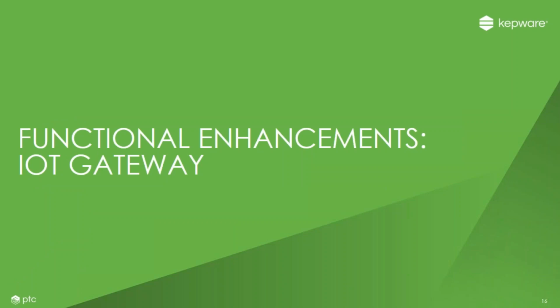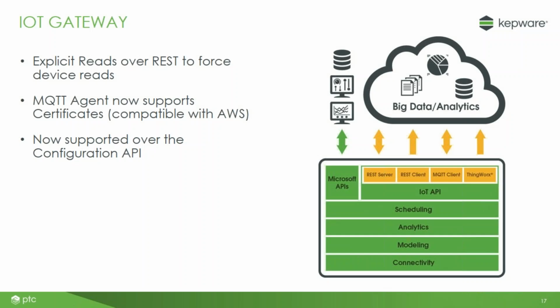All right, so moving down the list as far as functional enhancements, IoT Gateway. For those of you not familiar with the IoT Gateway, it was introduced in the fall of 2015, and this was KEPServerEX's first foray into APIs and connectivity that was truly outside of the Microsoft realm, so outside of OPC DA, DDE-based protocols like what's used with Wonderware or the GE iFIX type of protocols, and truly more IT focused.